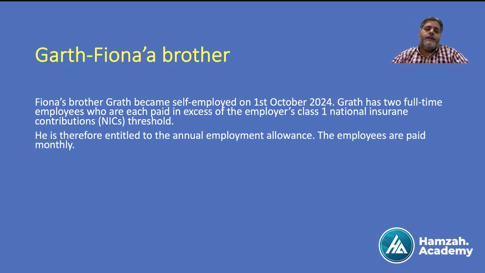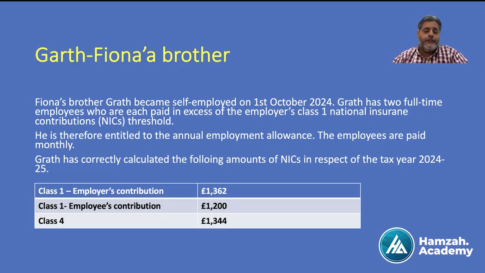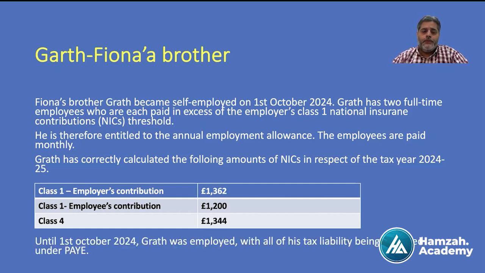He is therefore entitled to the annual employment allowance. The employees are paid monthly. Garth has correctly calculated the following amounts of NICs in respect of the tax year 24-25. Class 1 employer contribution is 1364, class 1 employee contribution is 1200 and class 4 is 1344.